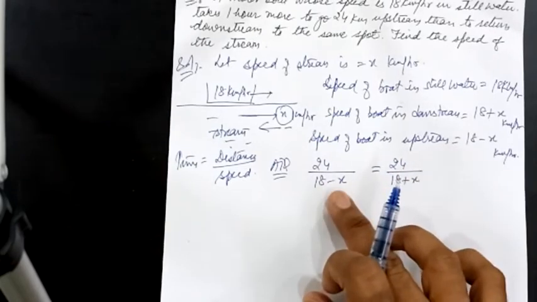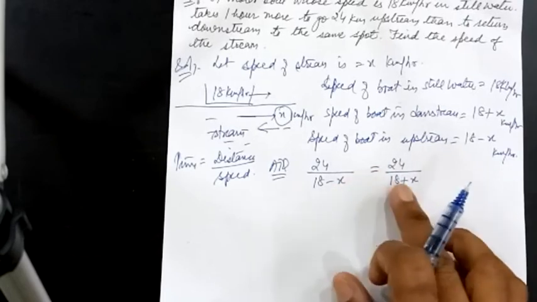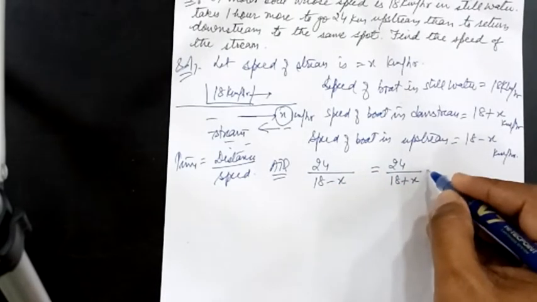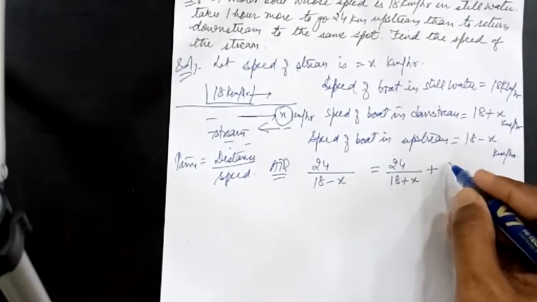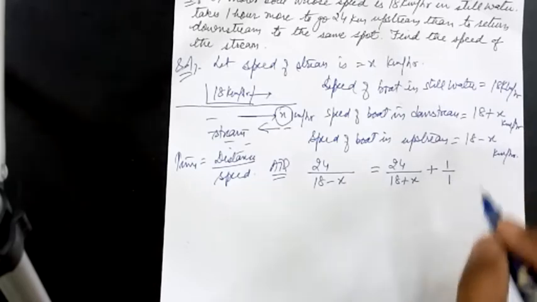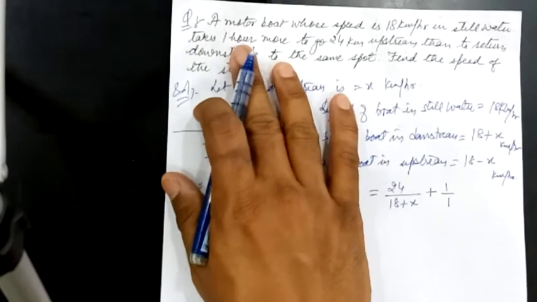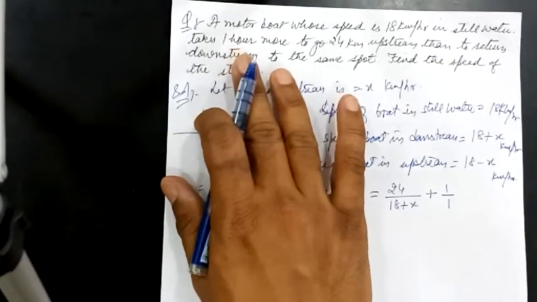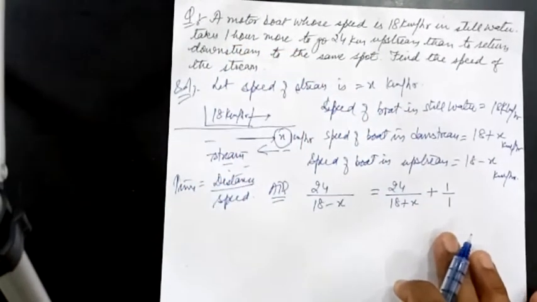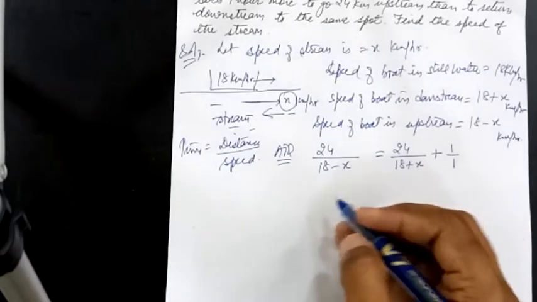To equalize both terms, just add 1 here. The difference of 1 hour is given to you, I am not adding it on my side. So now you try to solve it.